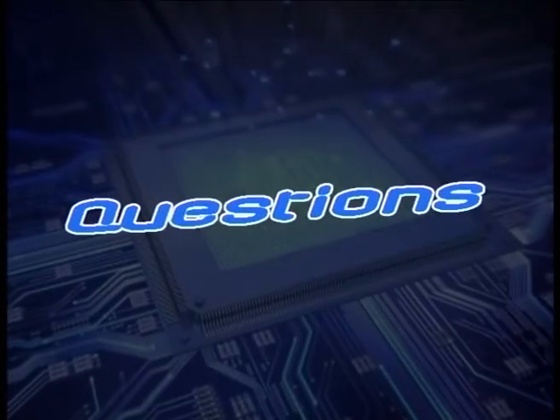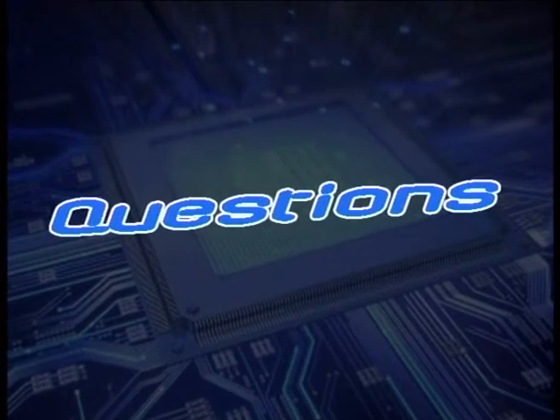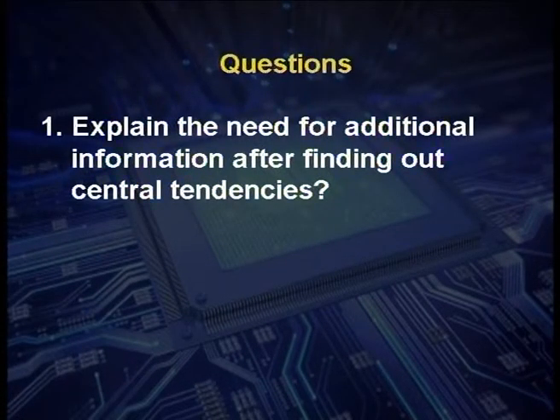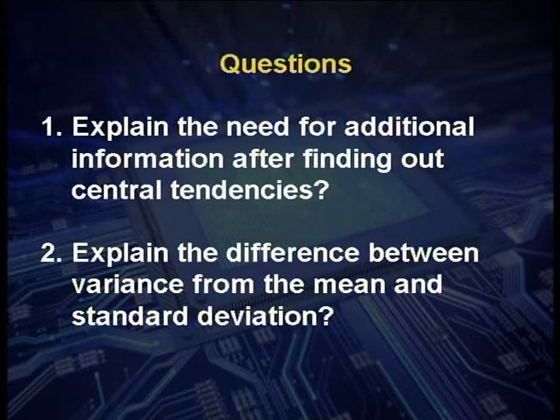Now, let us take down some questions. Explain the need for additional information after finding out the central tendencies. The second question is, explain the difference between variance from the mean and standard deviation.